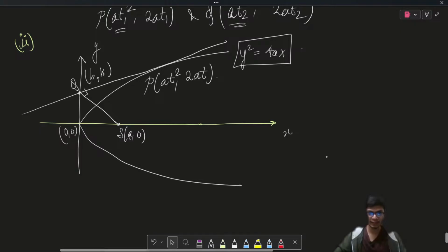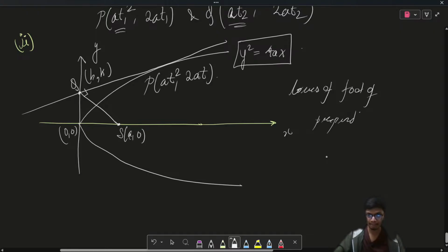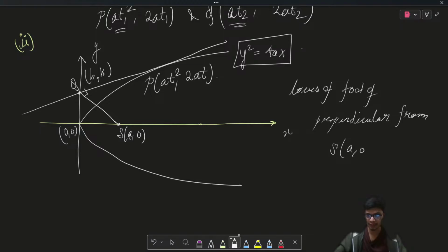So I'm trying to find out the locus of the foot of perpendicular from the focus, which is basically (a, 0), to any tangent. Let us try to see what the locus is going to look like.